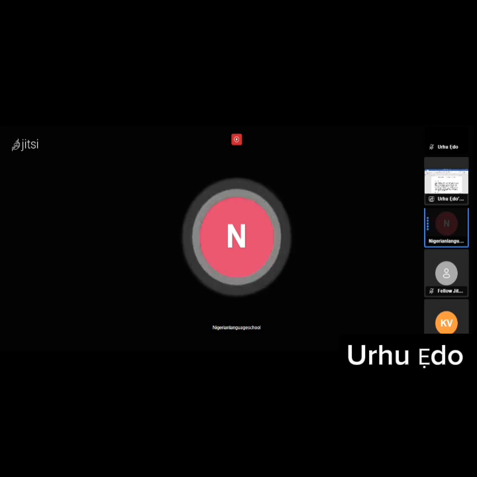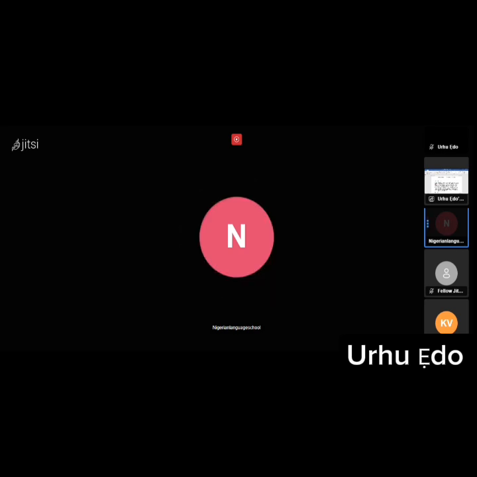Basically, what this means is that in Edo, there is a unique way we count, and that way is after counting from 1 to 15. What we now do, because the number 16 is not a single number, the number 17 is not a single number, there is a logic behind that number.